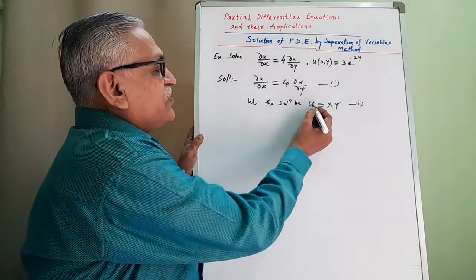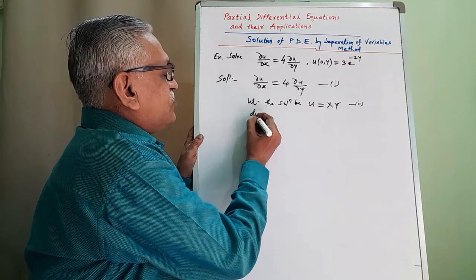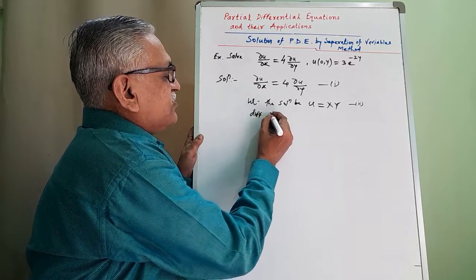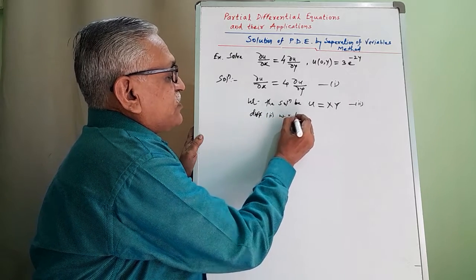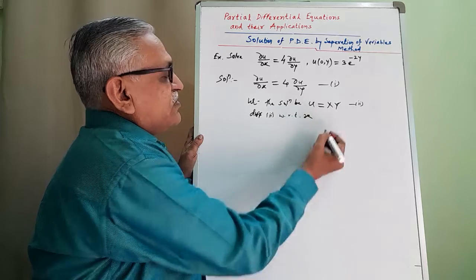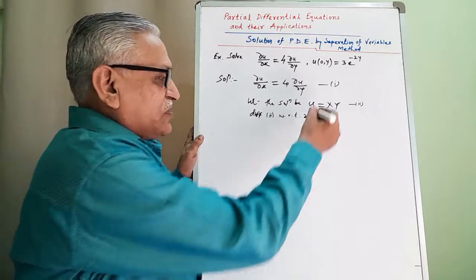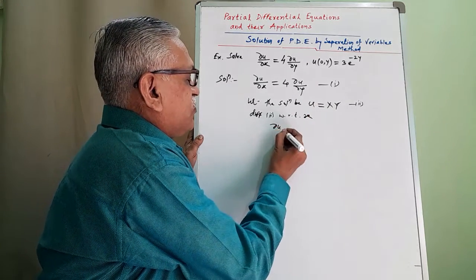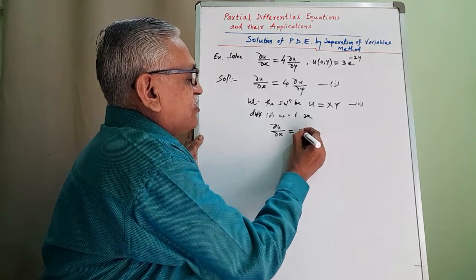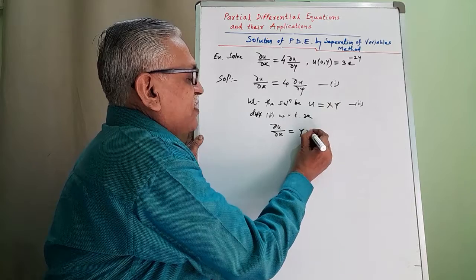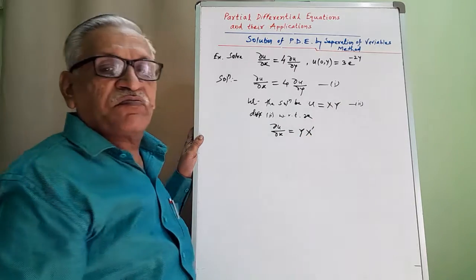Then differentiating this with respect to x, keeping y constant, we get ∂u/∂x = Y X', where Y is constant and the derivative of X is X'.